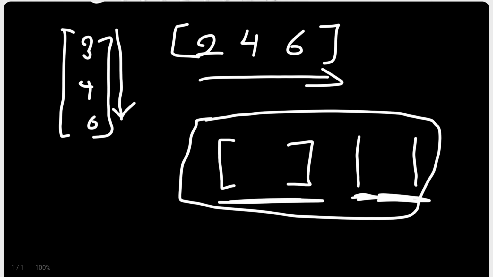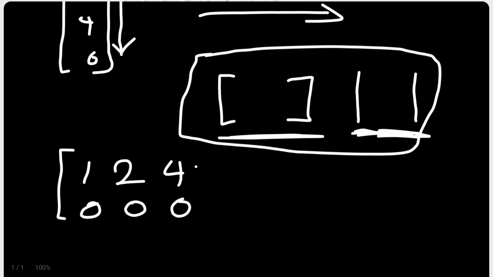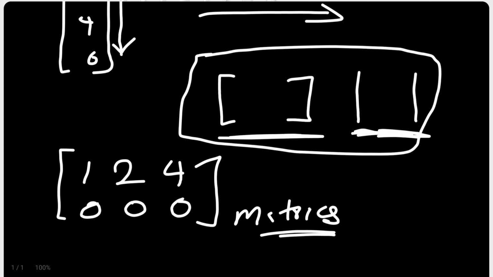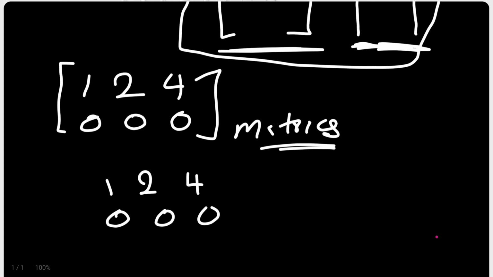Now is it clear? Suppose I write an example like 1, 2, 4, 0, 0, 0 and put brackets around it, then it is a matrix, it is our matrices. Suppose I write the same numbers 1, 2, 4, 0, 0, 0 without brackets.